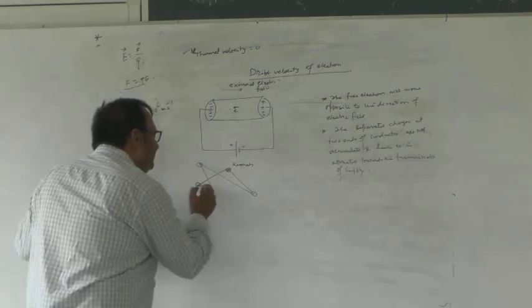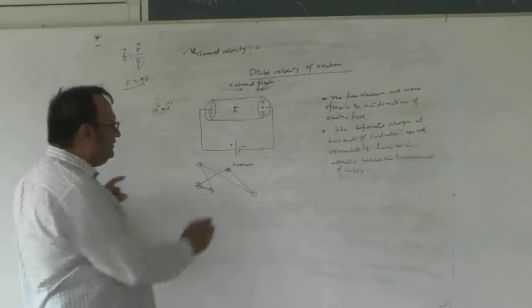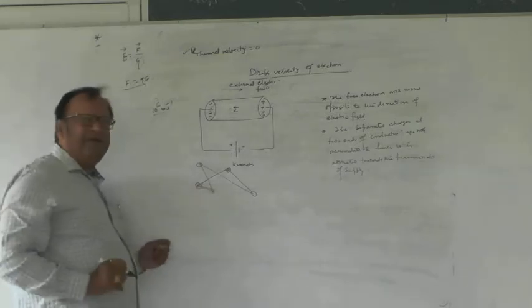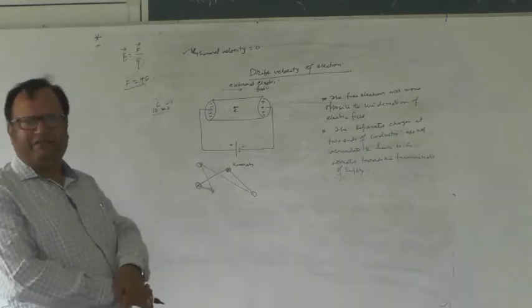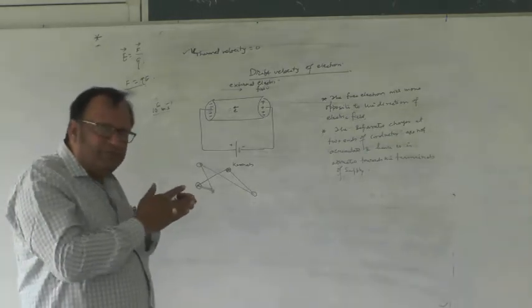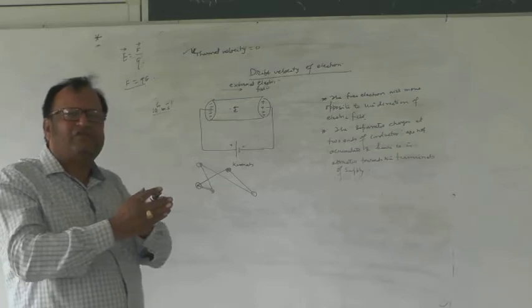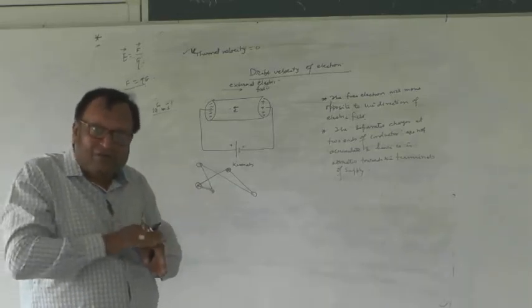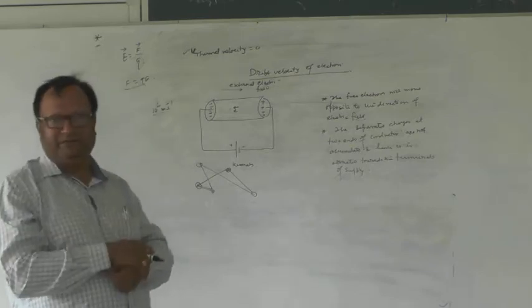This distance is very, very small. So this velocity will be very small. So the electron will move through the conductor very slowly from one end to the other end. So it is called drifting of the free electron.